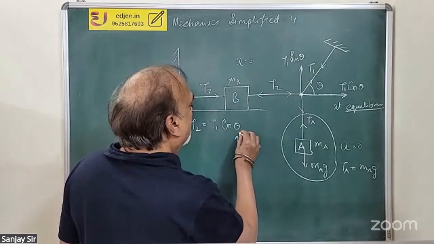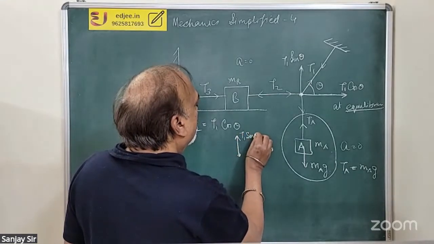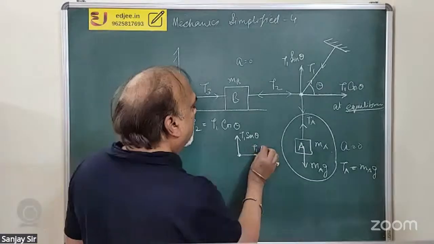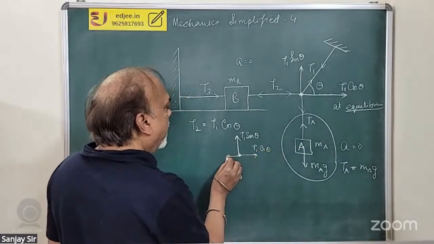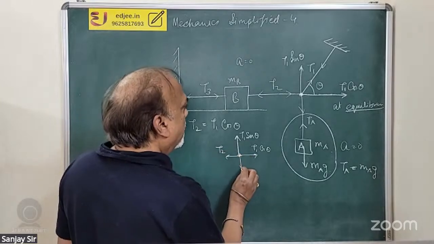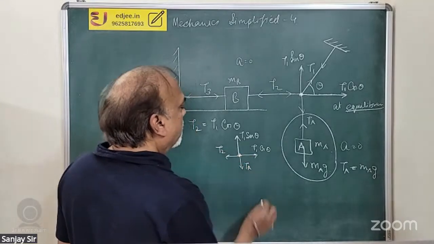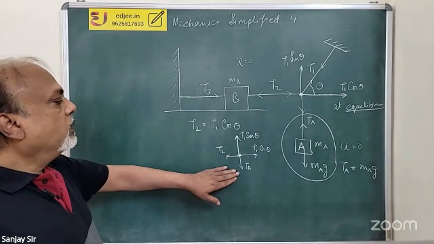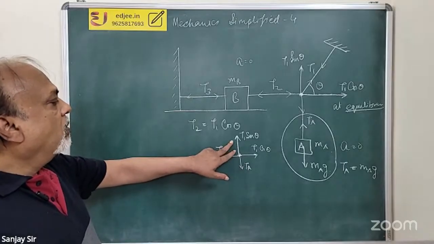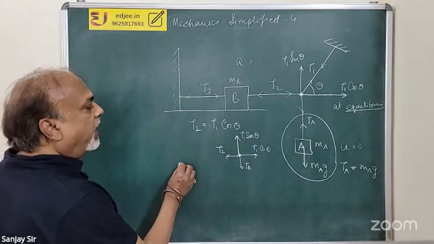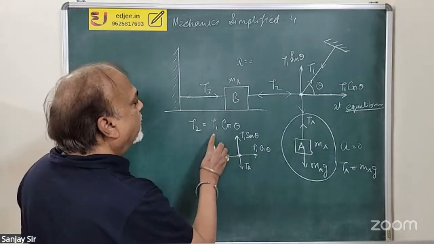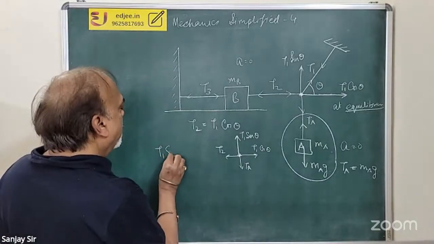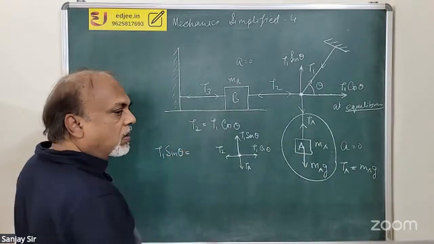this is your T1 sine theta. Here, T1 cos theta. Here it is T2, and here it is TA. TA is MAG. That means your T1 sine theta will be what?